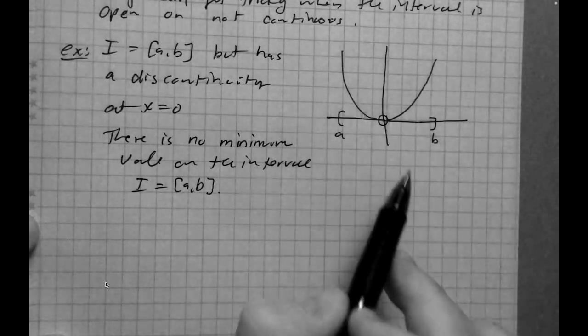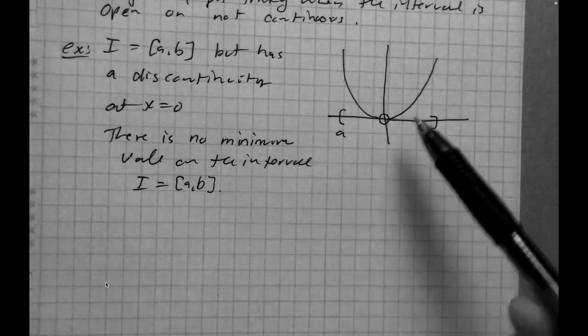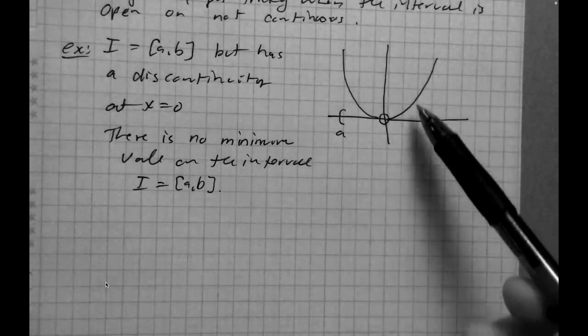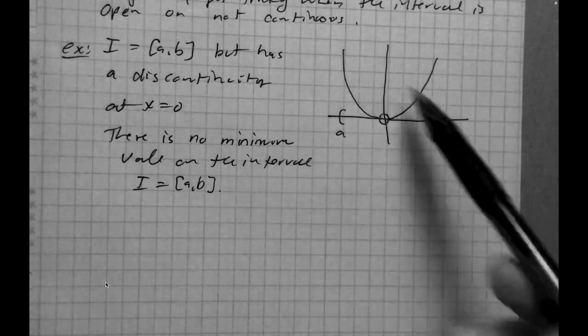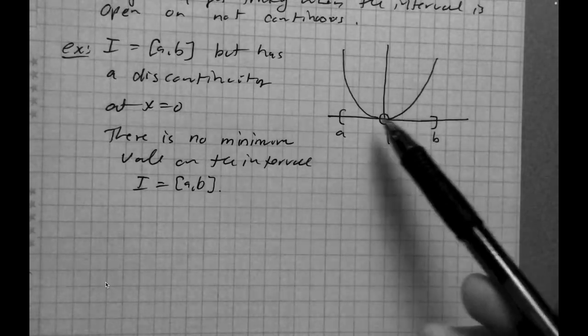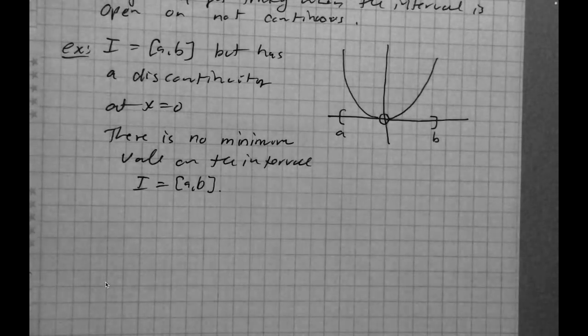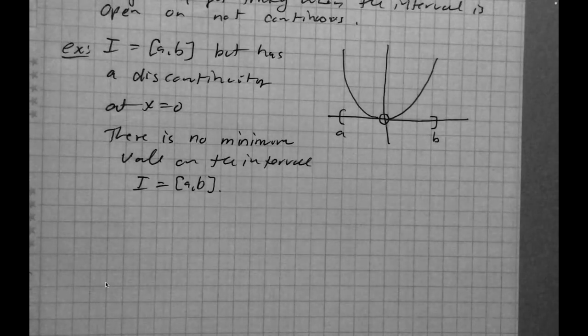So I'll just sum it up: to get at this in a rigorous way, you need to take a course like real analysis. In that course, you would study things like limit points, and you would be able to see irrefutably that there is in fact no minimum in this interval.